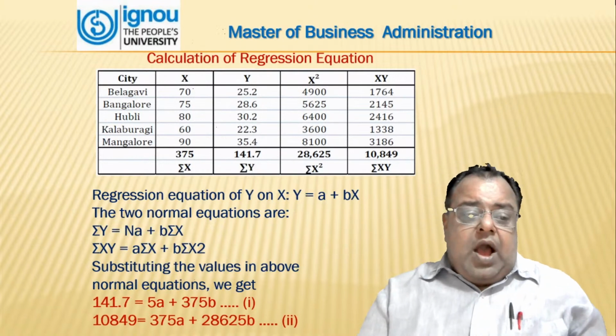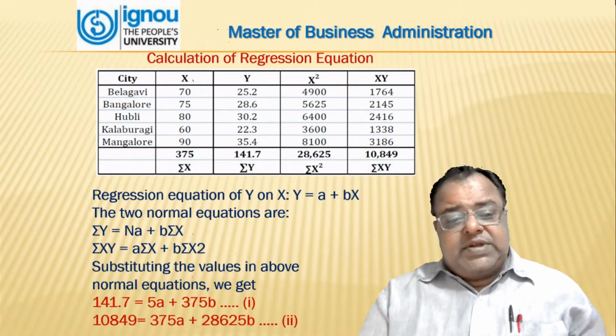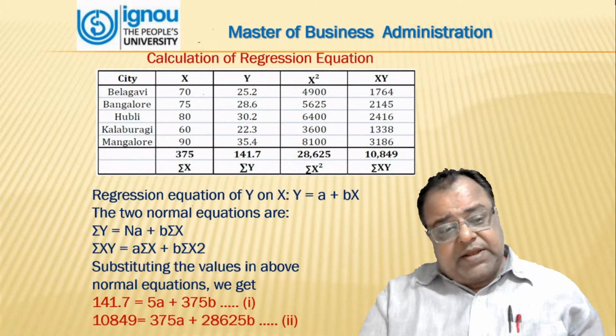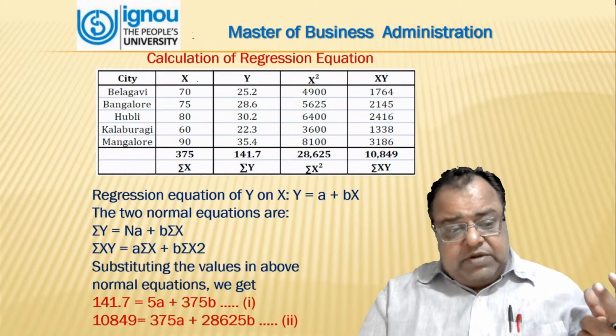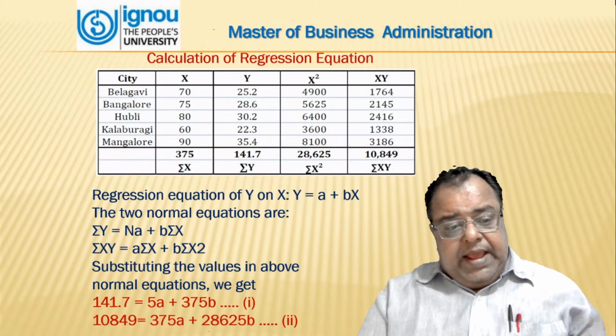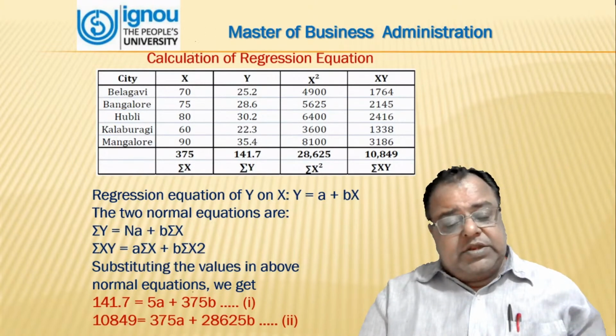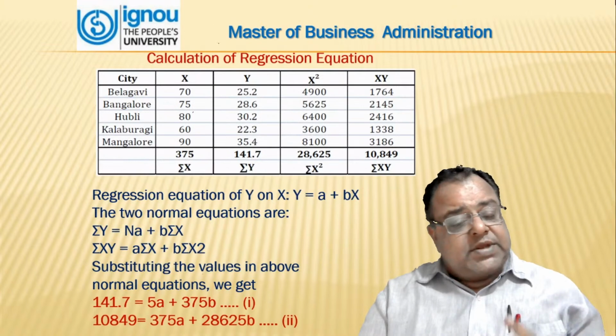Now, how to draw the regression line of y on x, that is y is equal to a plus bx. We use two normal equations: summation y is equal to n a plus b summation x, and summation xy is equal to a summation x plus b summation x square.